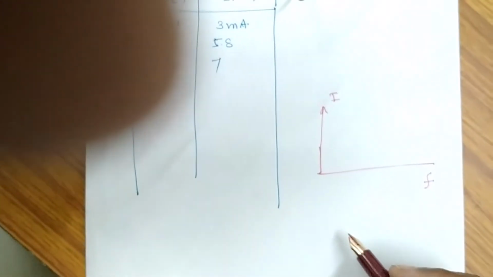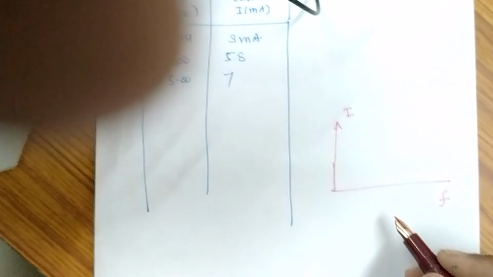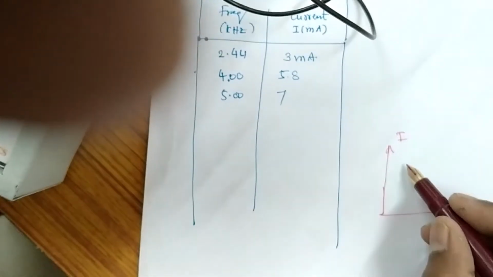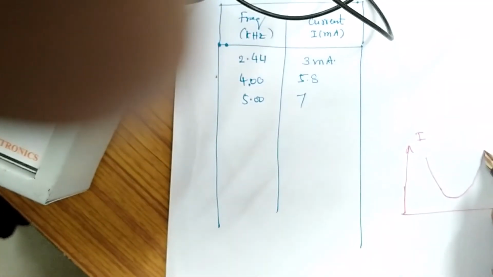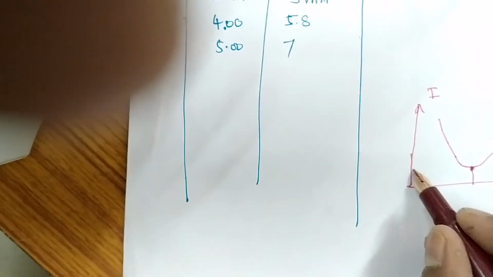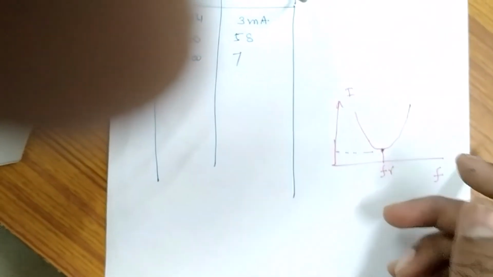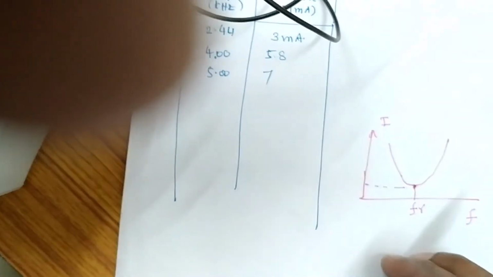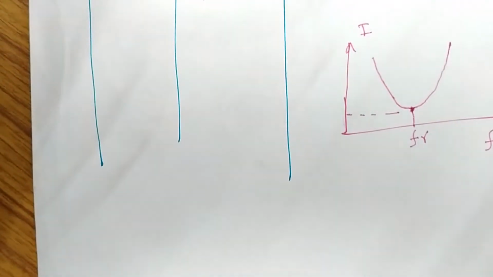In the case of series, current is maximum at resonance, but in parallel, current is minimum at resonance. Initially current is higher, it falls to a minimum and then rises again. This is the minimum value of current, and this will be the resonant frequency FR. You can also calculate the resonant frequency theoretically; the formula is slightly different, but you can use a similar formula to calculate the theoretical value.